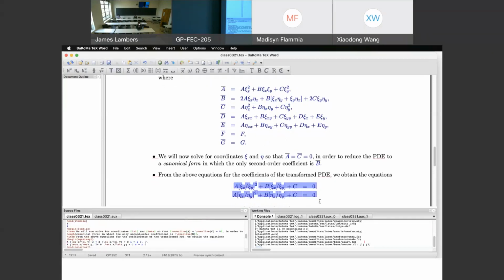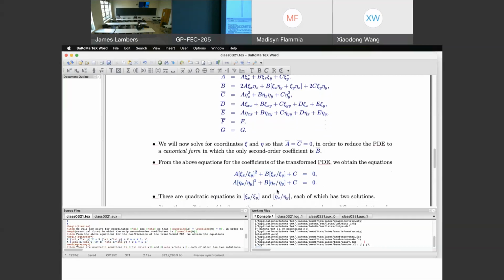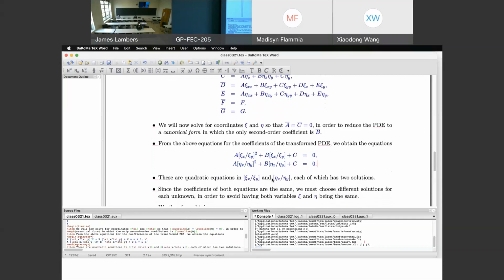Now I have really the same quadratic equation, same coefficients. Now, each one of these quadratic equations is going to have two solutions. So what I need to do is prescribe that xi x over xi y will be one of the solutions, eta x over eta y will be the other.